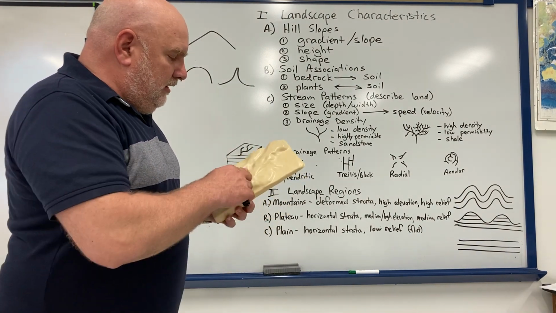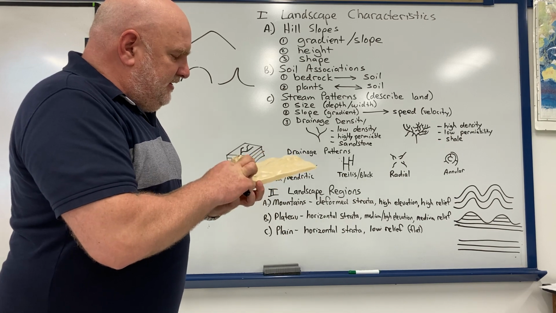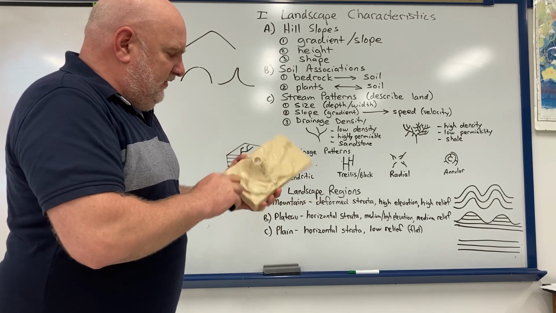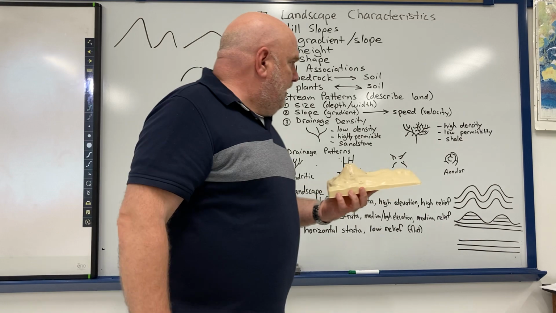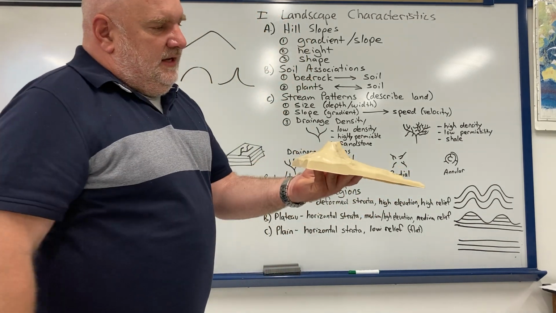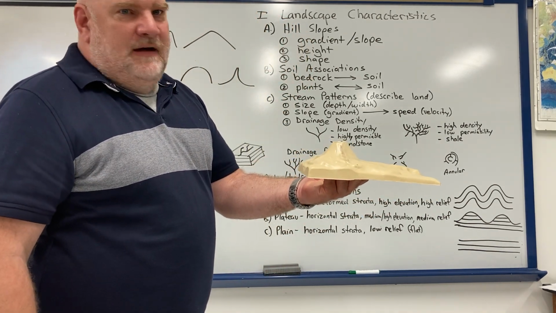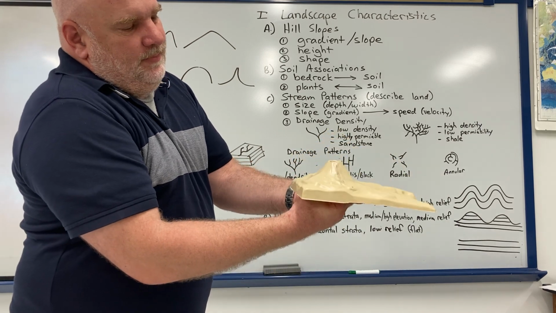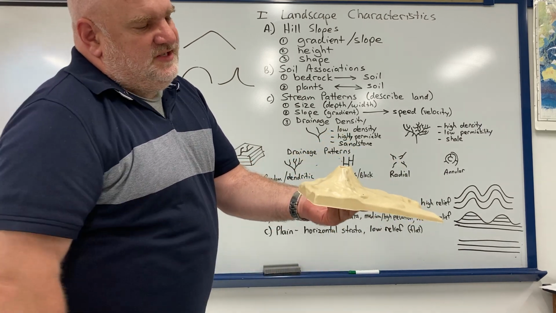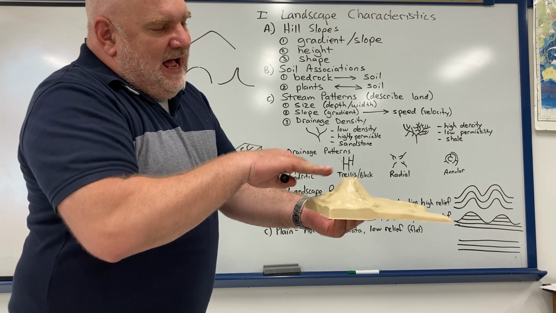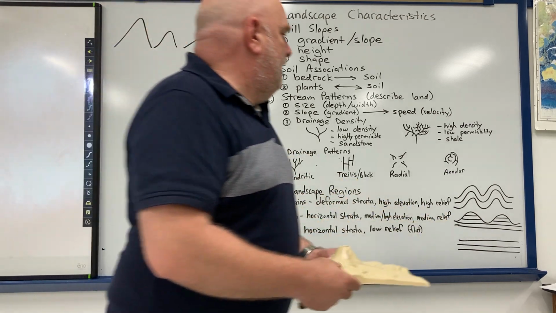The last one here is annular drainage, and this is the one that's kind of hardest to describe. Annular drainage is kind of like if we had something like a volcano where you had magma coming up underneath it, but then the top of that eroded away.